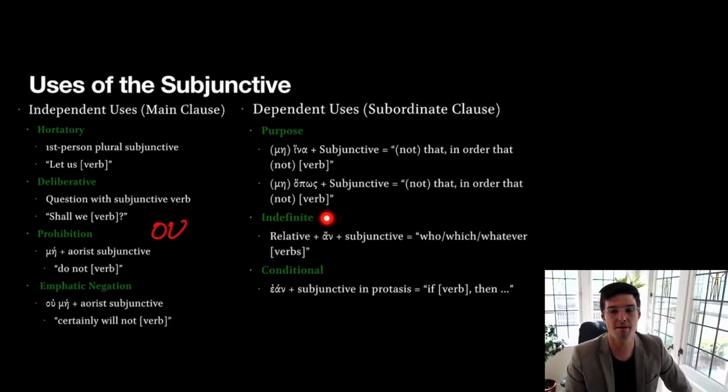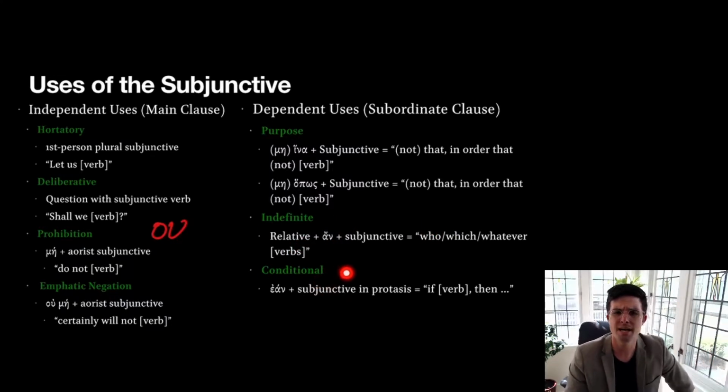The form of this is going to be a relative, namely a relative pronoun with that contingent particle an, which often means "ever." So you can think of this as "whoever" plus the subjunctive, which is going to be your verb. So who, which, whatever does the action of the verb. Who, which, whatever loosens.